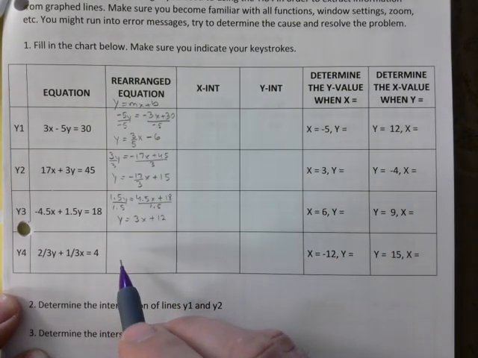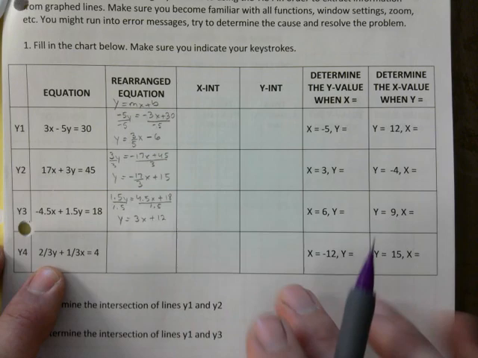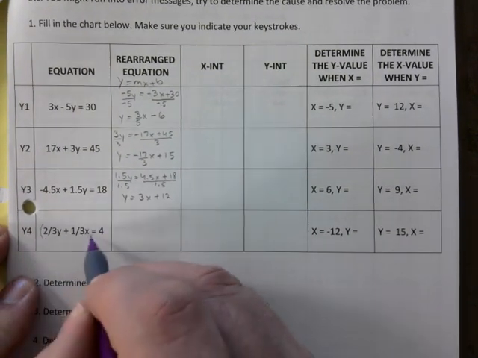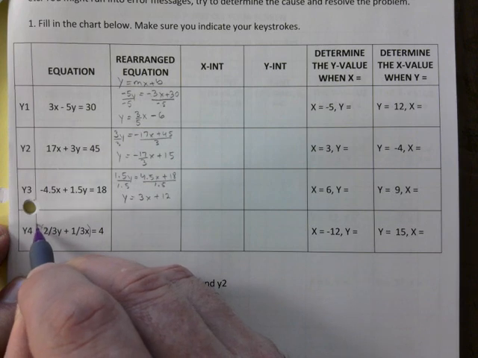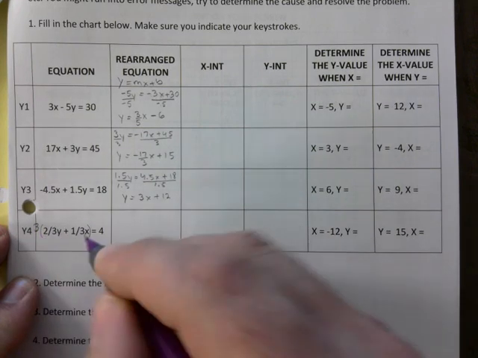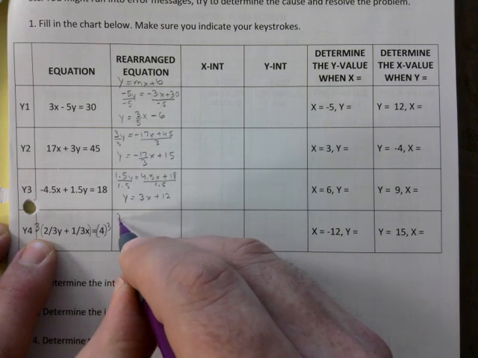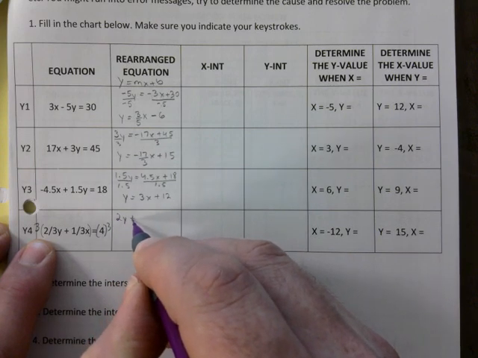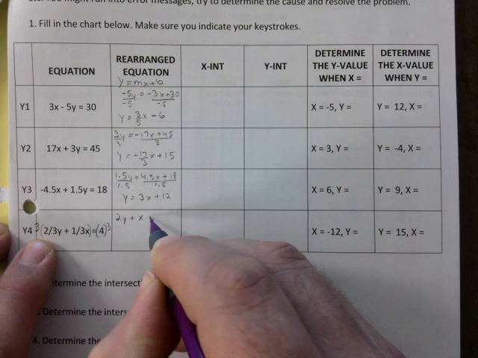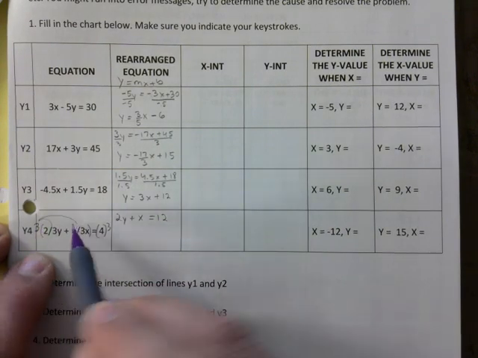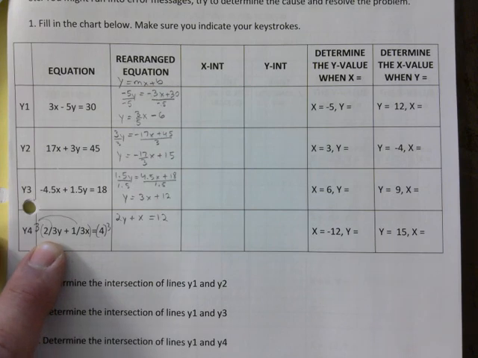And then the last one, watch, my space is going to be limited here. So I'm just going to go like this, times 3. And I'm going to multiply this by 3 as well. So that gives me 2y plus x is equal to 12, right? Because the 3 multiplies everything inside that bracket.